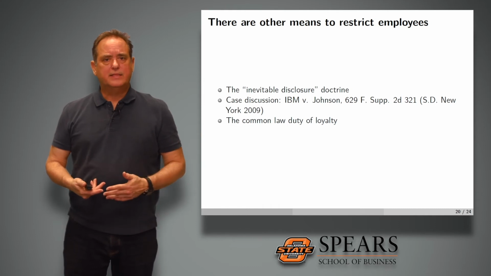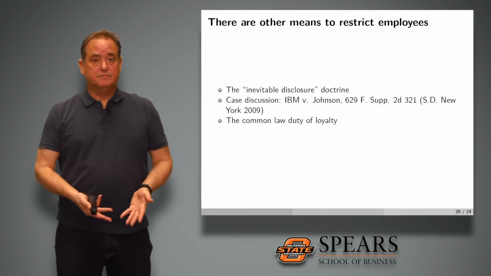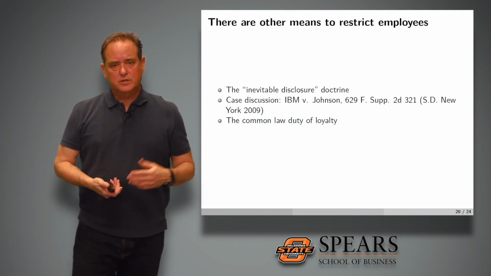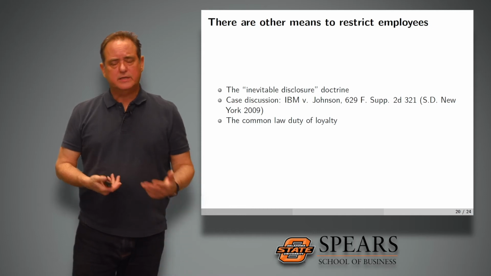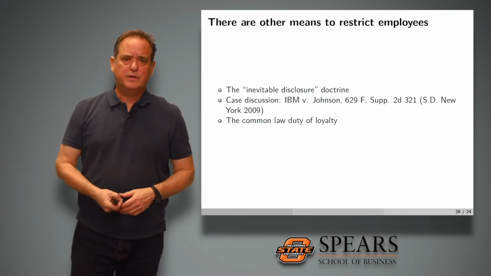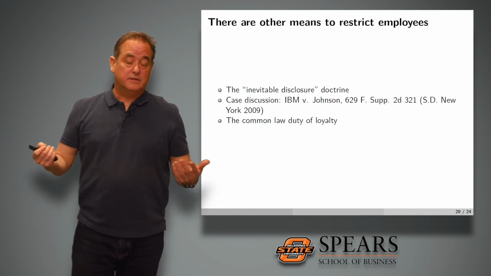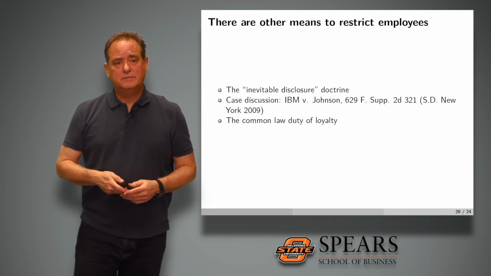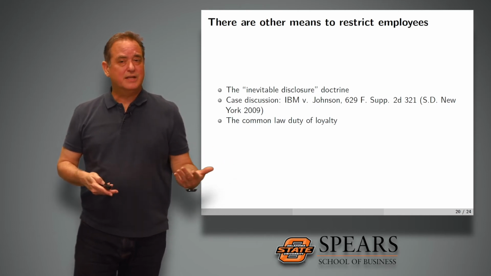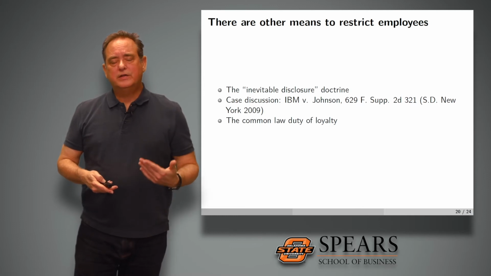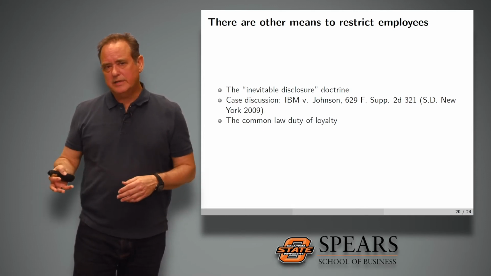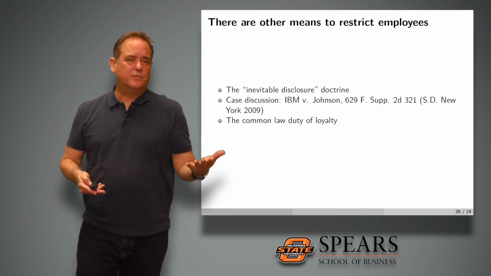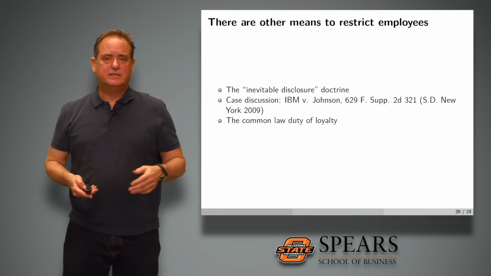And when I looked at the actual petition, it turns out that this prospective client had actually stolen a bunch of confidential information in terms of customer list and price list and was going to use it at the new employer. And therefore, they were prevented from doing so. I did not wind up taking the case in large part because I thought this was a pretty shady thing to do. So the common law duty of loyalty is a means to restrict employees. Make sure you know these two for your test purposes because it's easy to ask about. And it's important for you as an employer to know these things as well.